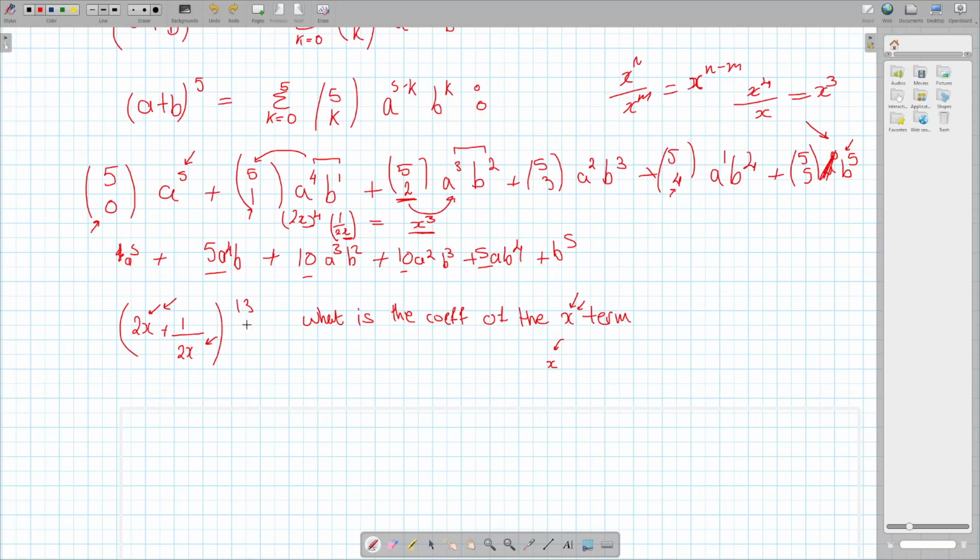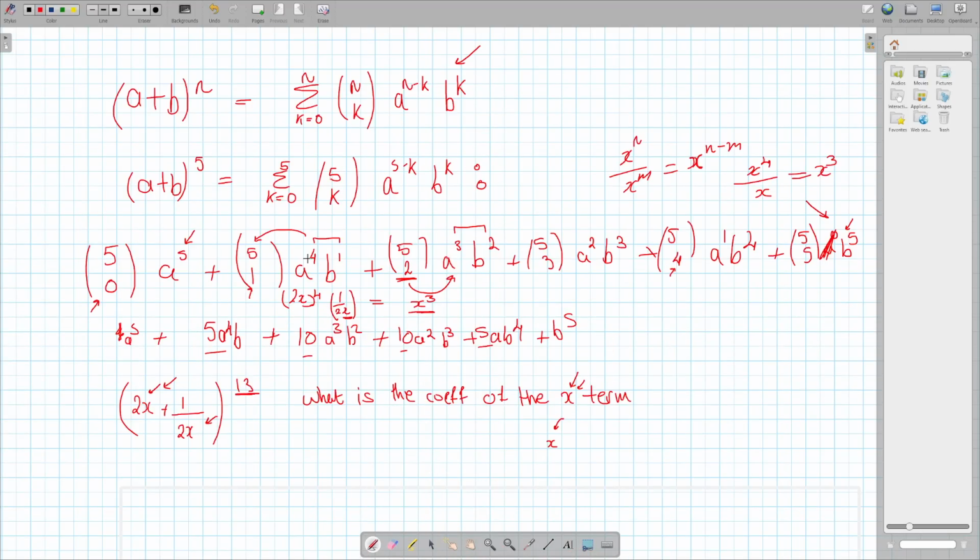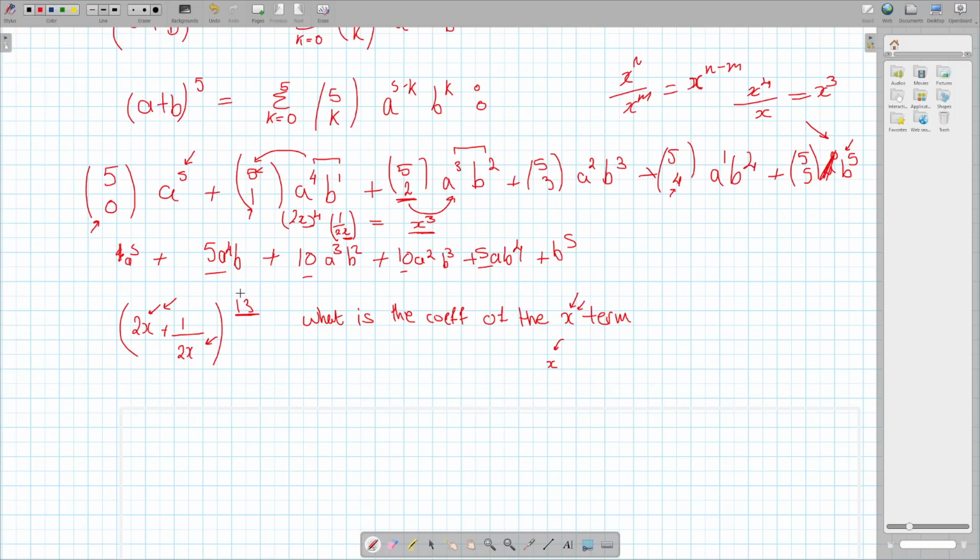So I need two numbers. We said they always have to add up to your n, right? Like look here, 4 plus 1 is equal to 5. 3 plus 2 equals 5. 2 plus 3, 5. 1 plus 4, 5. We know that they always have to add up to your n. In this case, the two powers will always add up to 13.